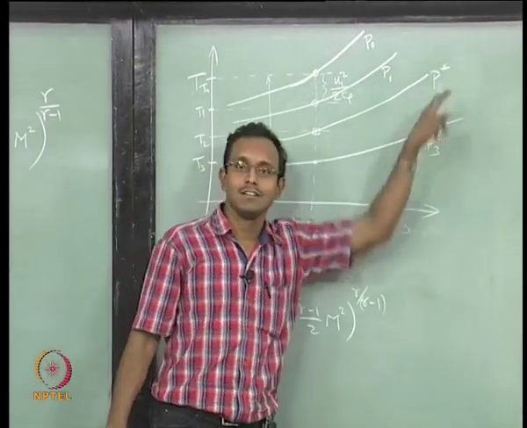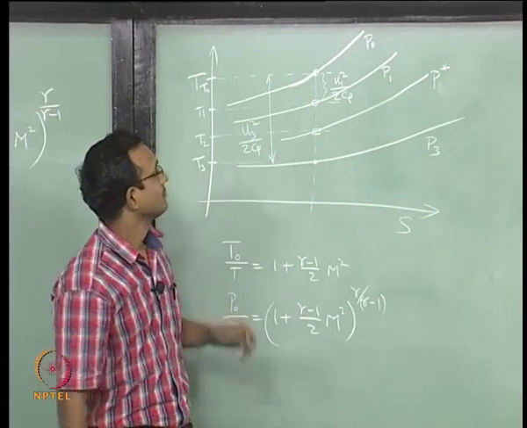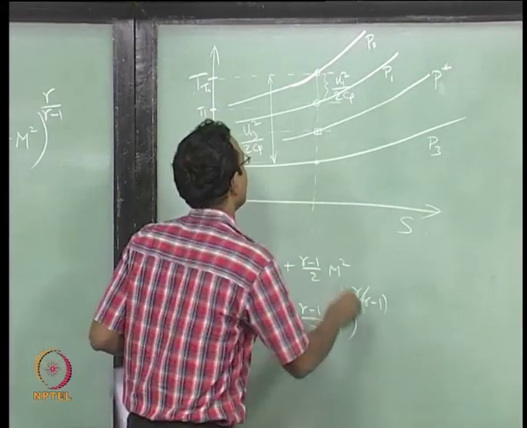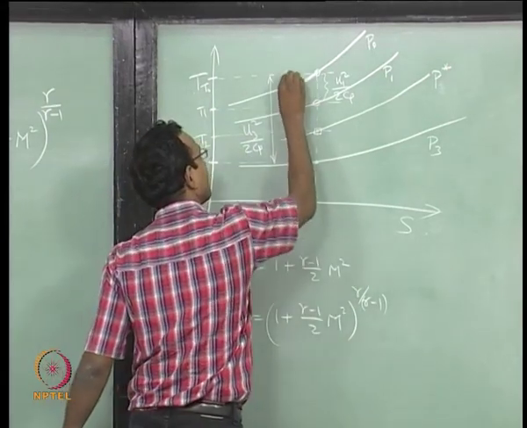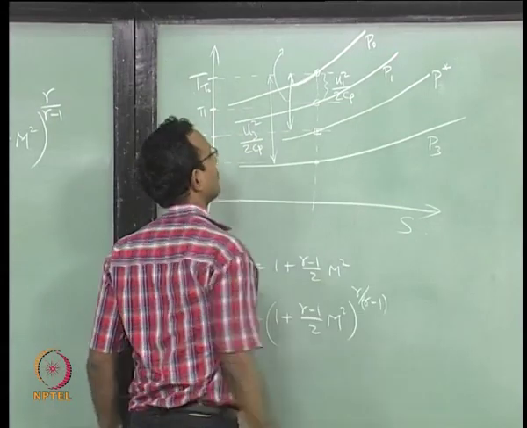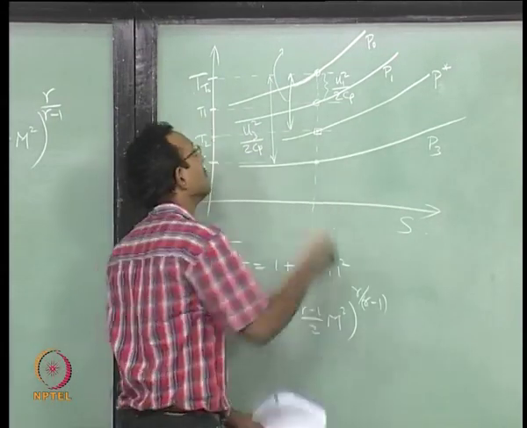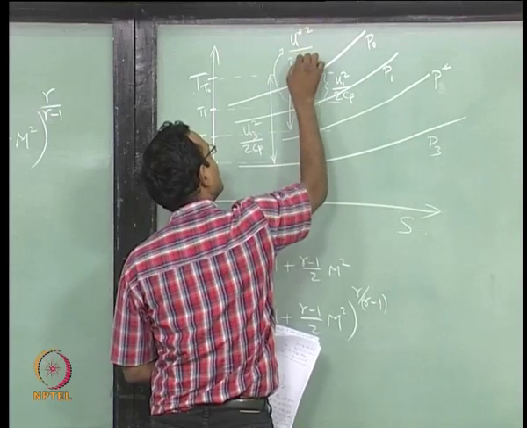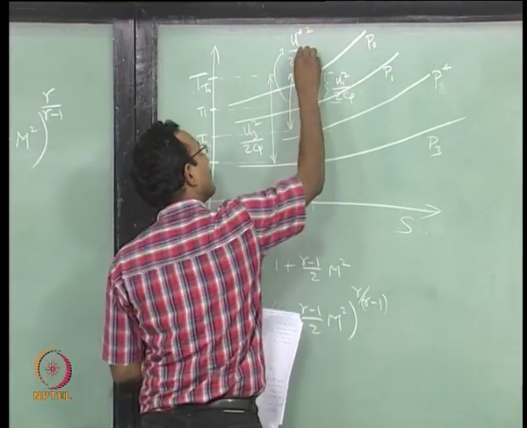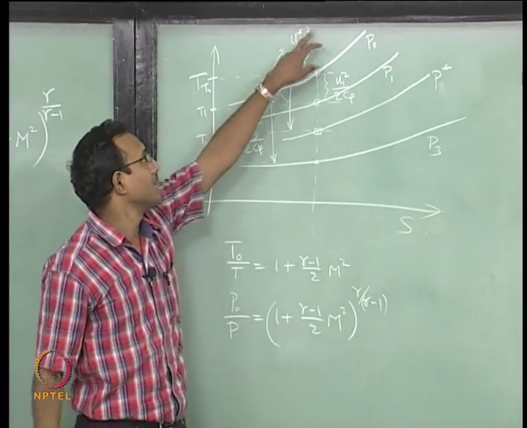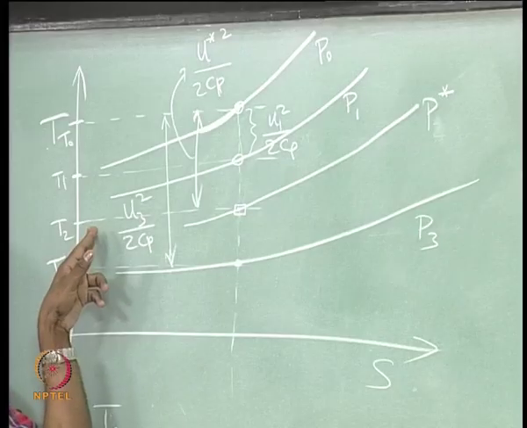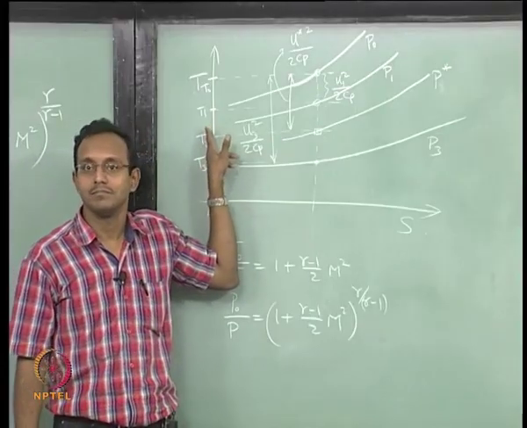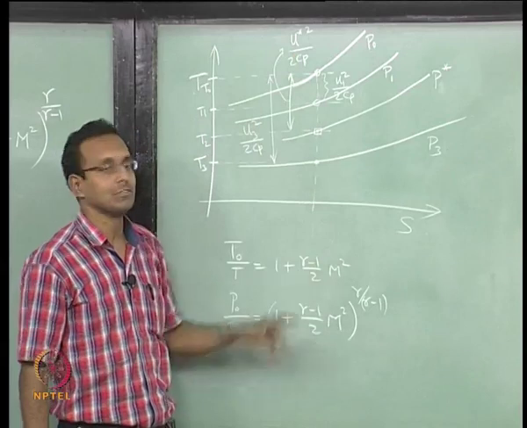That corresponds to the special case M equal to 1. So if I want to find this height, it will be U star square by 2 Cp, where U star square can be written in terms of gamma R T2, or this T2 will become T star anyway.